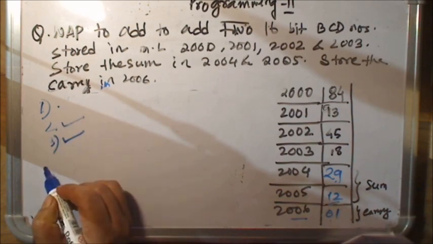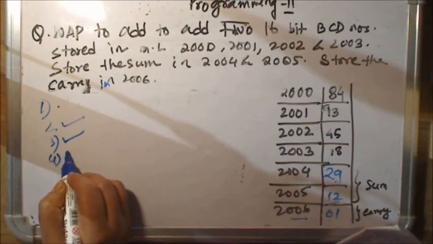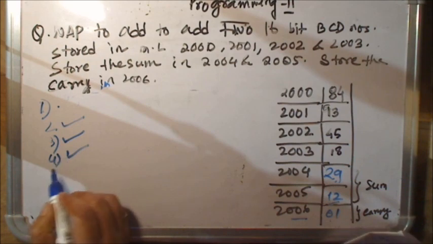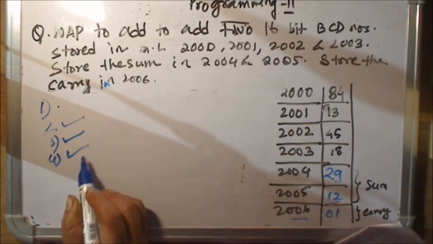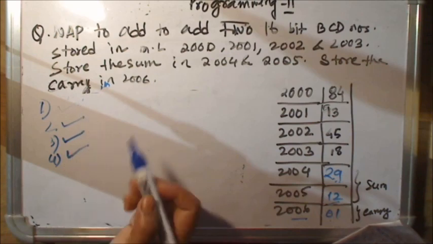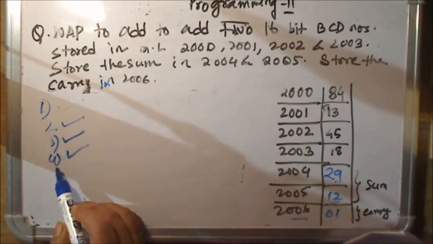Then add the higher byte along with the carry. Then again perform DAA. Then check for the final carry. The only carry you need to check is the final carry, because the other carries produced in the arithmetic operation are already taken care of and added.